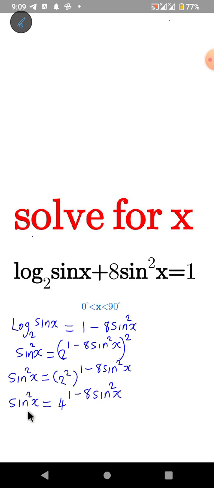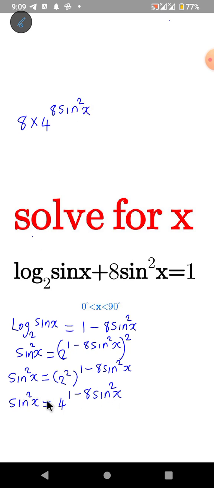Now my next step will be to multiply both sides of this equation by 8 times 4 raised to the power of 8 sine square x.